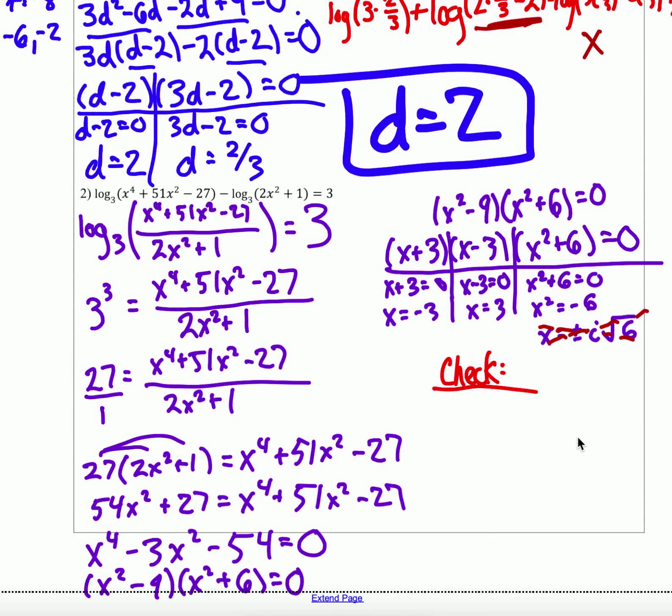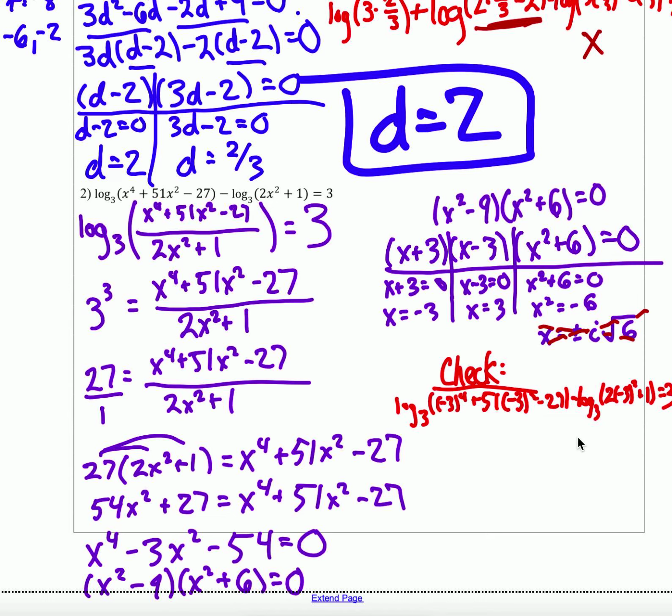And you have to make sure you plug into what equation? The original equation. So that would be log base 3. I'm going to check negative 3 first. Of negative 3 to the 4th plus 51 times negative 3 squared minus 27, minus log base 3 of 2 times negative 3 squared plus 1 equals 3.